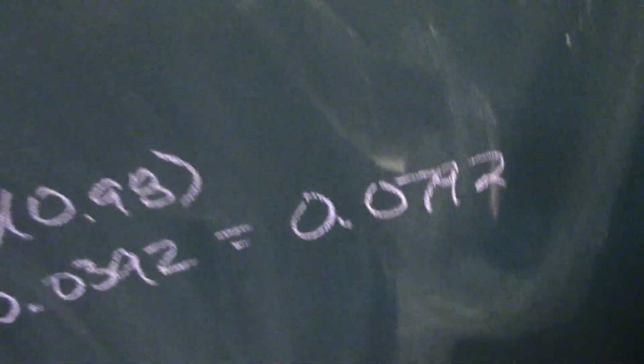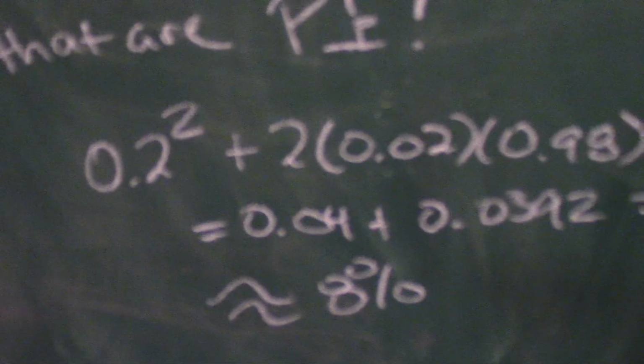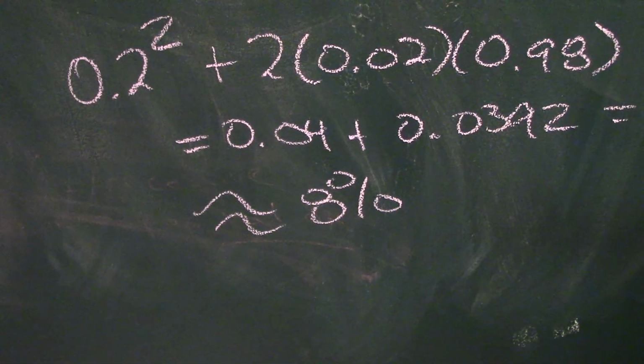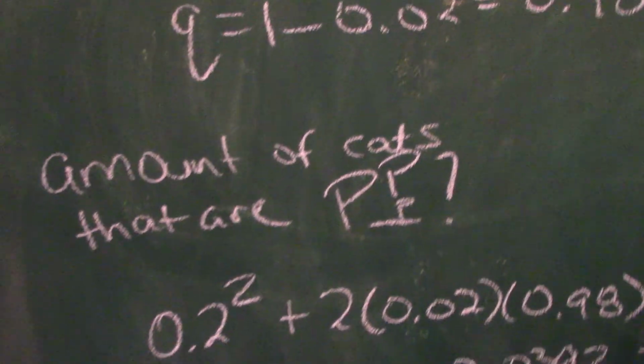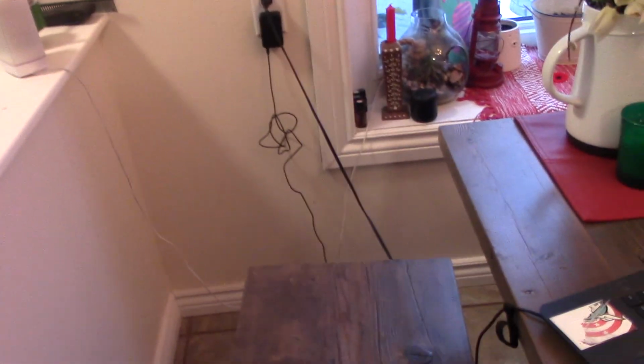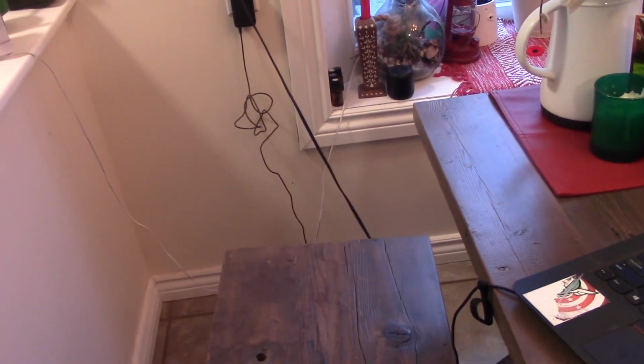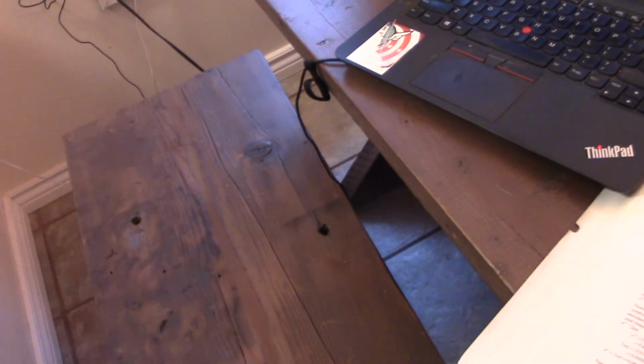They wanted me to express that as a percentage, so about 8%. So approximately 8% of these cats will be polydactyl. And that's the first Hardy-Weinberg question that you guys need to know.